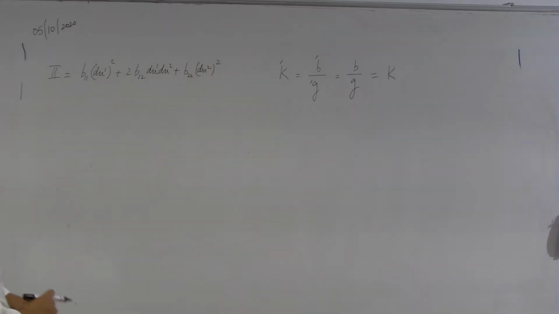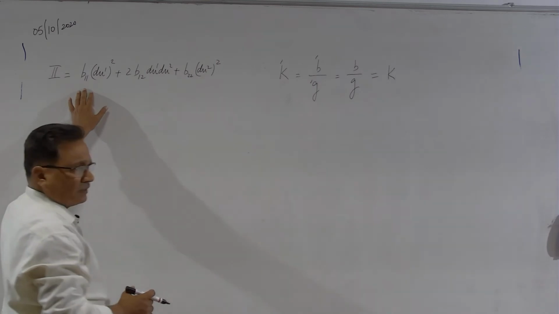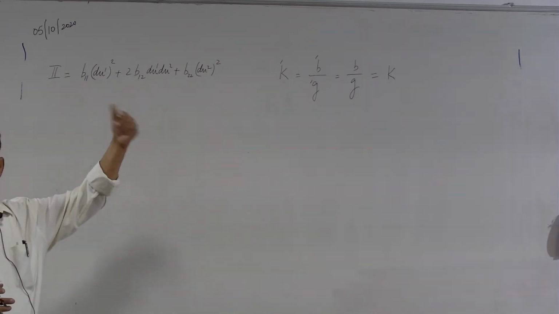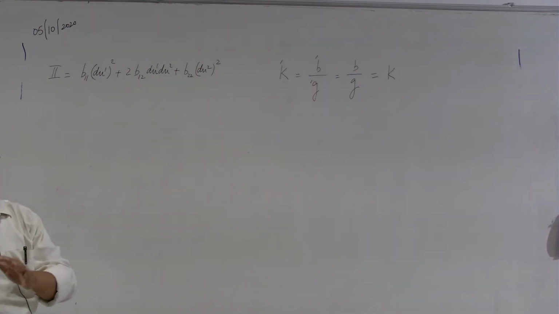This is a quadratic form known as second fundamental form. Now, this quantity may be positive definite or negative definite or indefinite or sometimes 0 also, and it may change from point to point.